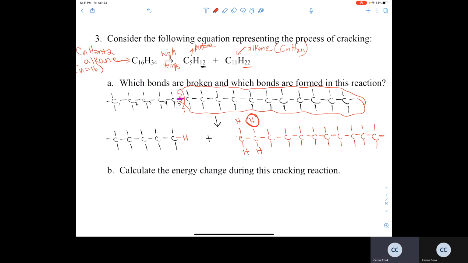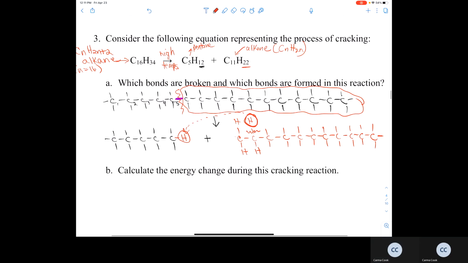So this bond here has to be broken so that that hydrogen moves over here. And that is what's going to create a double bond. And therefore we have our alkene.